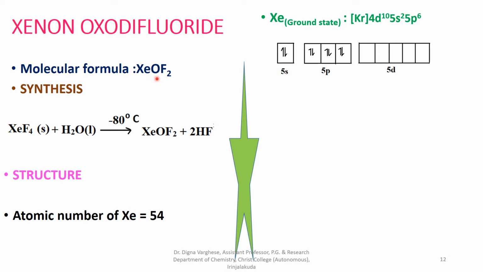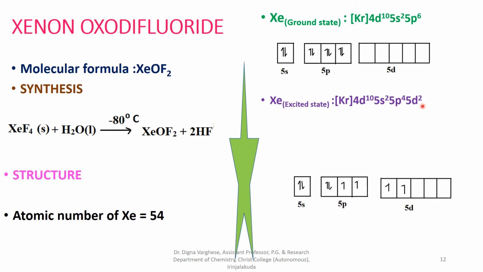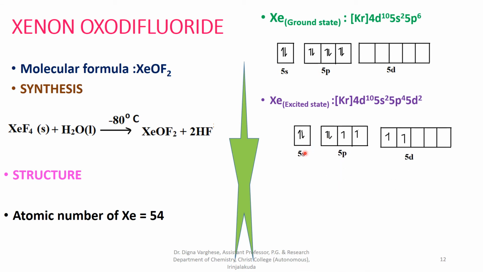For this, electrons are promoted from 5p orbitals to 5d orbitals. After excitation, the electronic configuration is krypton 4d10 5s2 5p4 5d2. The outer electronic configuration after excitation is 5s2 5p4 5d2.